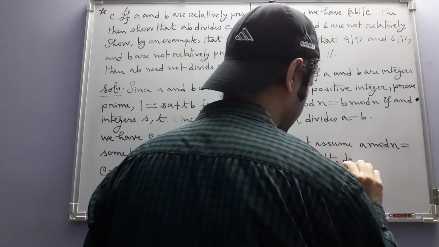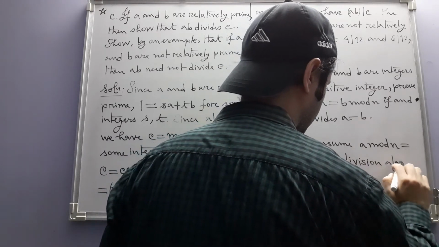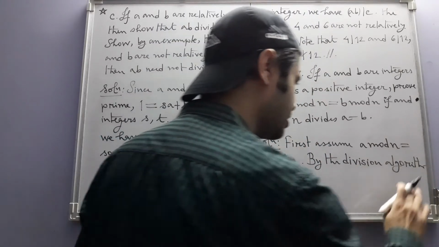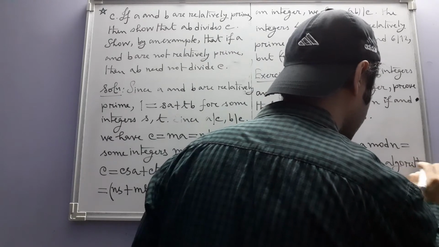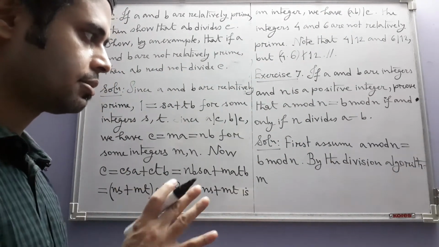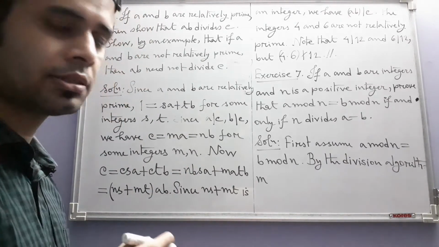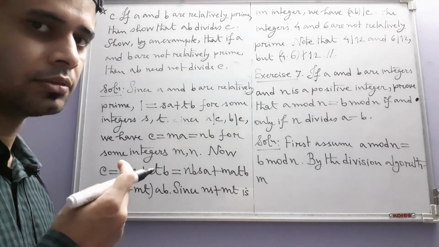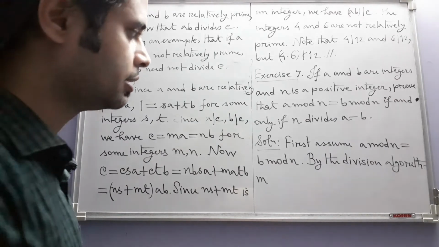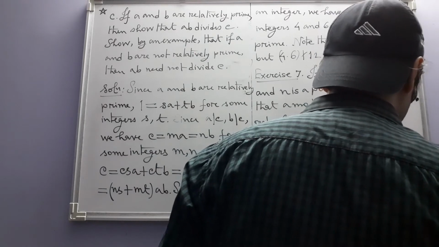By the division algorithm, in some texts this same algorithm is called the Euclidean algorithm, but here its name is the division algorithm. Here the Euclidean algorithm is the one which allows us to find the GCD by repeated application of the division algorithm. You know what I am talking about. We have already seen that before in other videos.